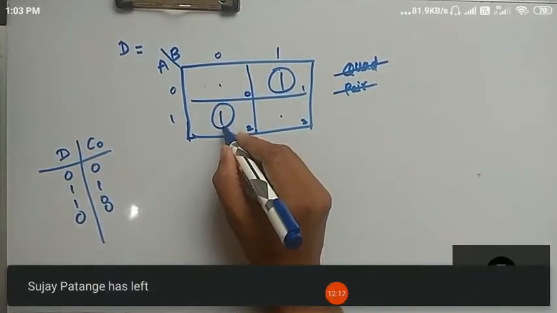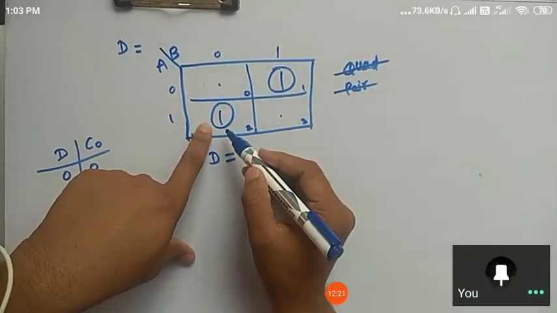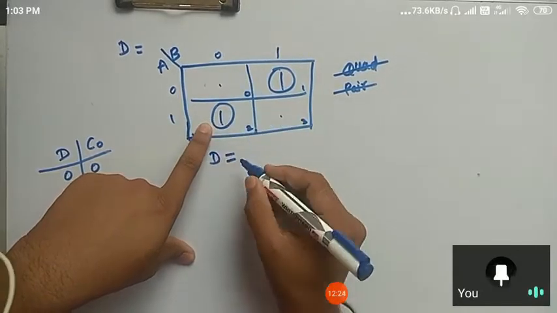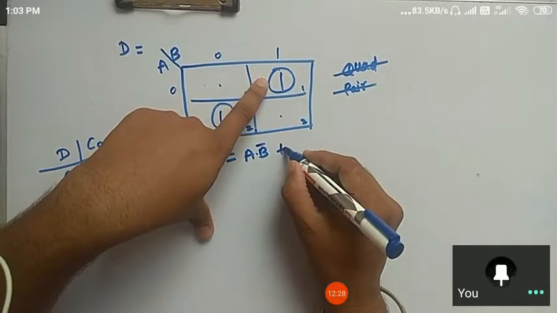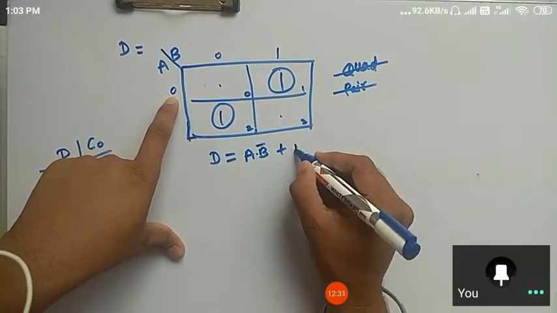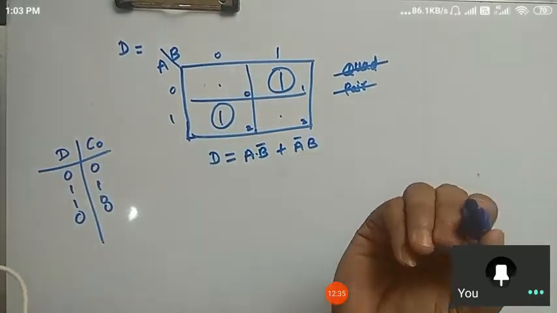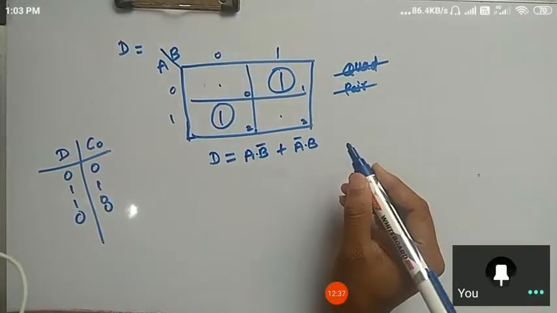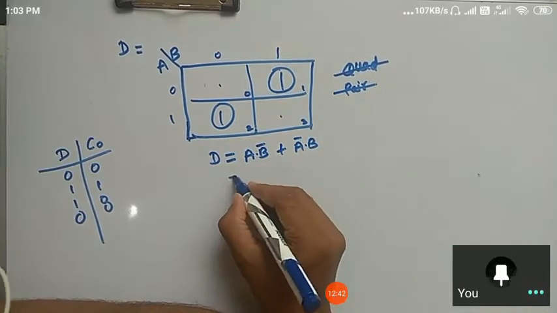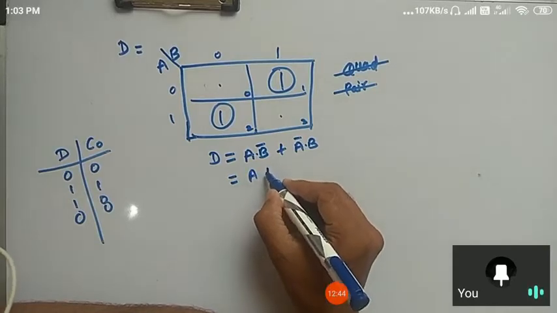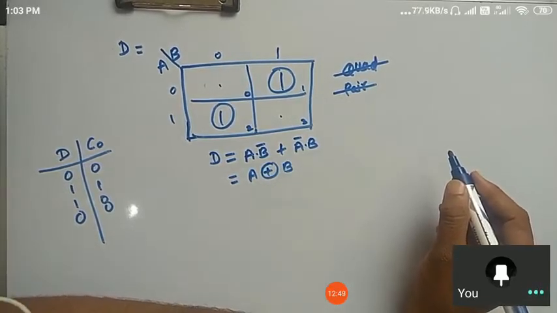So for the first bit of the difference, we write the equation A B bar, so A dot B bar. For the second bit, what will be the equation? A bar B. So this equation seems the same as that of the XOR gate, so that's why I am writing here A XOR B. I have already proved this, right?